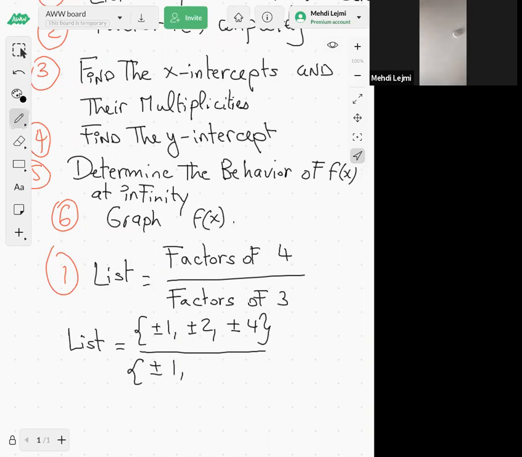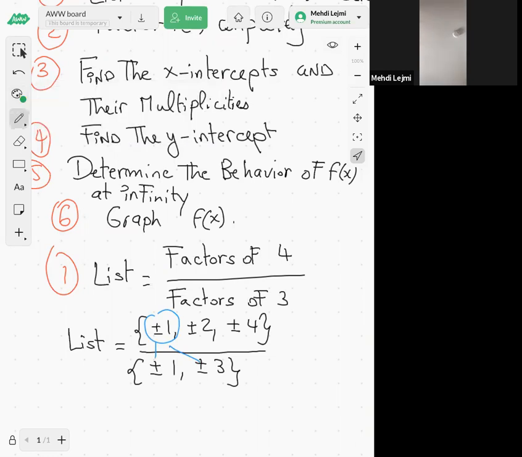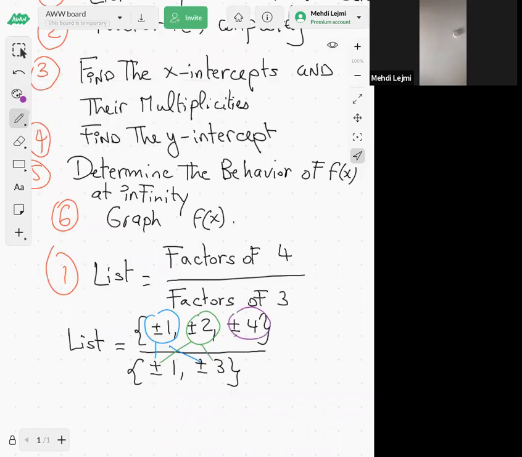It's not divisible by 2, but of course it's divisible by itself, right? And then we said we have to divide each of the factors in the top by each of the factors in the bottom. So 2 divided by 1 and 3, and then this 4 here divided by 1 and 3, right?